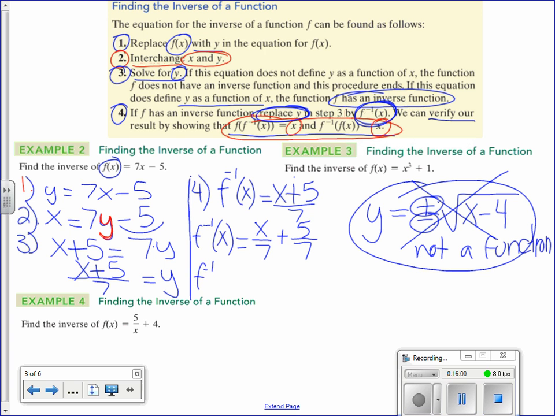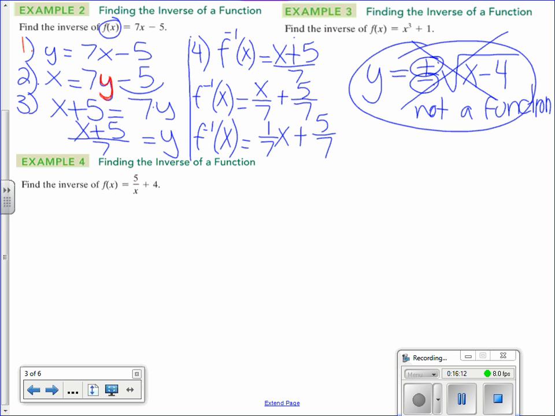And we know that x over 7 is the same thing as 1/7 times x, and then we will have 5 over 7. Well, what is the y-intercept? Okay, and as a point? 0, 5/7.